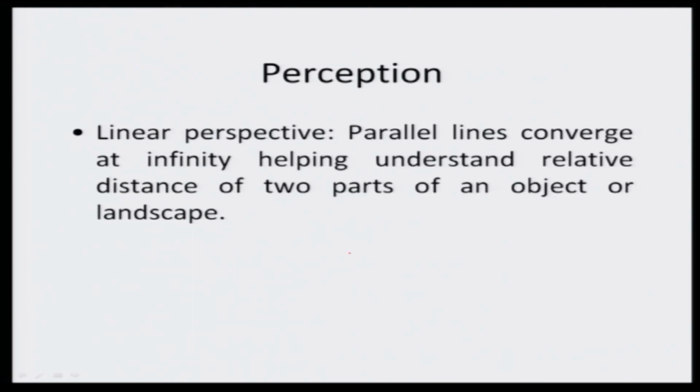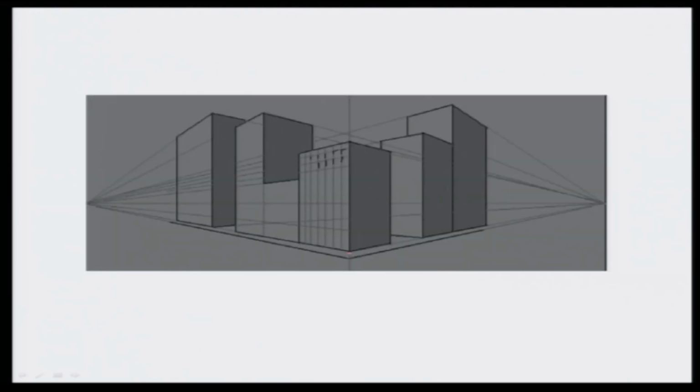So, let us come to linear perspective. When parallel lines converge at infinity, they help us understand the relative distance of two parts of an object, or they even help us understand the whole landscape. Look at this image. Imagine the point where the straight lines converge. You are standing at that very point and looking at the urban landscape.